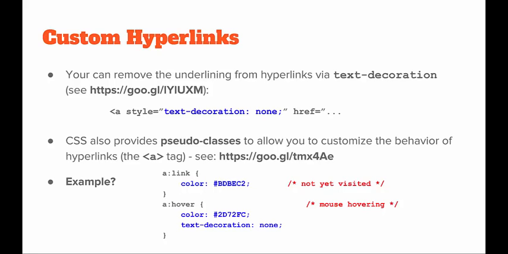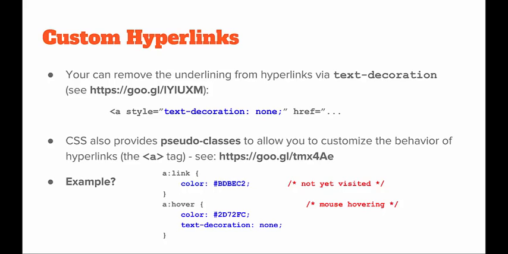Many of you have already played around with making custom hyperlinks. Through some of the assignments, you were able to remove the underlining from links, for example. And many of you found that the text decoration property can be used to specify none, which means remove the underlining. Now, one other thing that you may or may not have played with, wasn't a specific part of any assignment, is the idea of pseudoclasses in CSS.